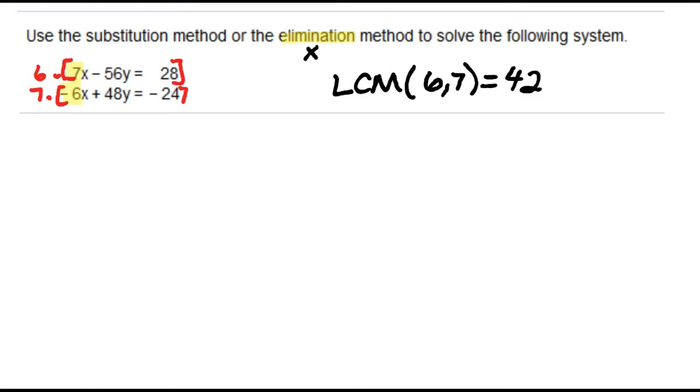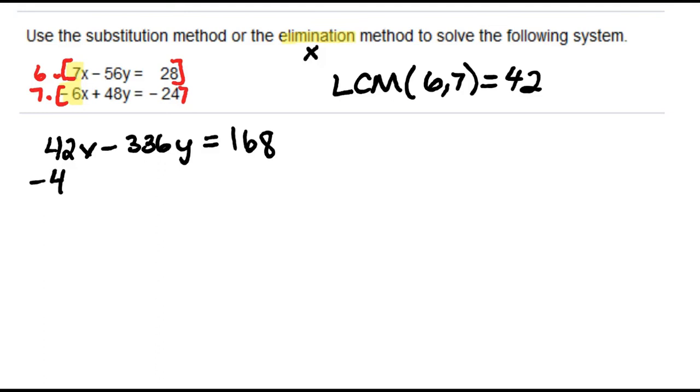So let me adjust my equation by multiplying 6 times every term in the first equation. That would give me 42x minus 336y equals 168. On the second equation, I'm multiplying 7 times every term.